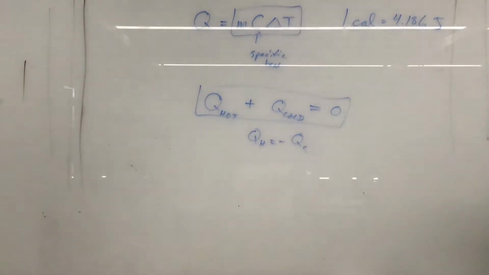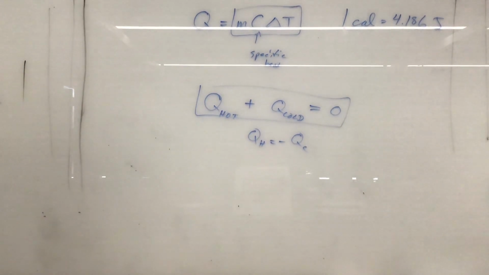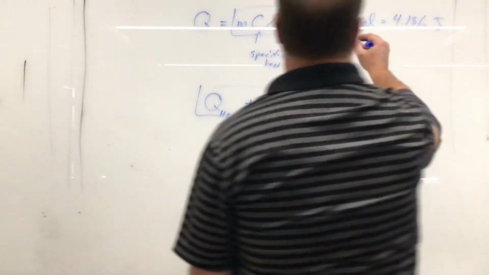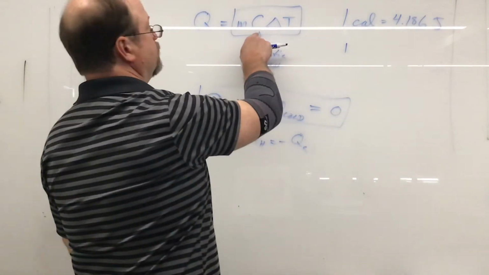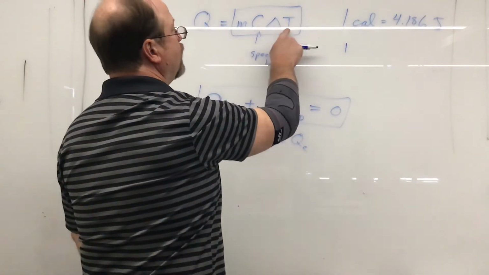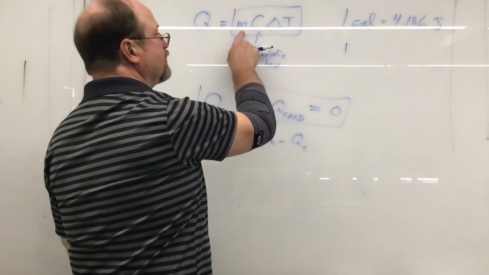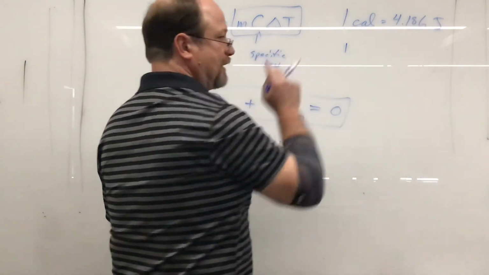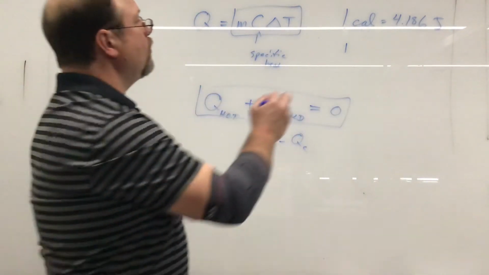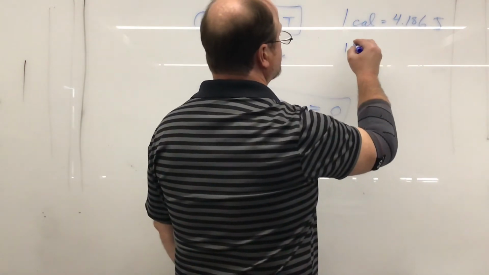The reason that calories are better in this case is because water's specific heat is defined as being precisely 1 that you would put in here for a change of 1 degree and a mass of 1 gram, that's 1 calorie, okay? And so, since we'll deal with water a lot, it's convenient.